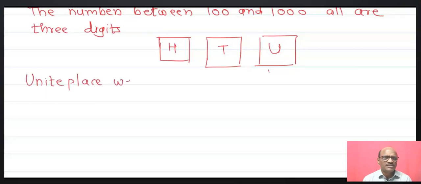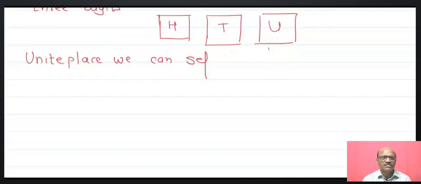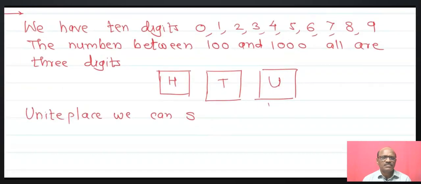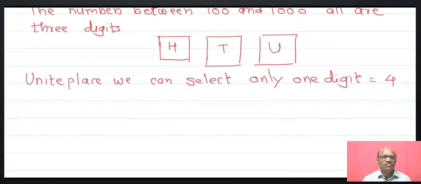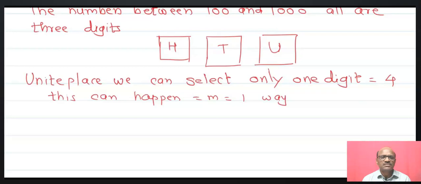For the unit place, we can select only one digit, that is a 4. This can happen. Unit place ला आपल्याला 4 पाहिजे त्याच्यामुळे this can happen, m is equal to 1 way.